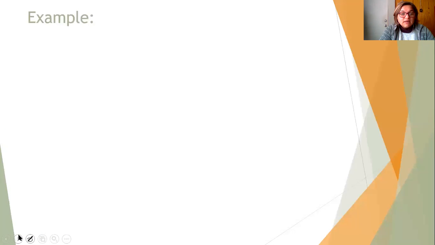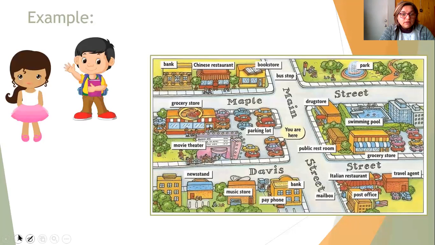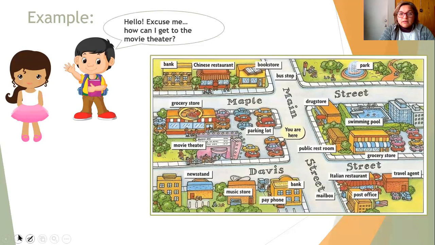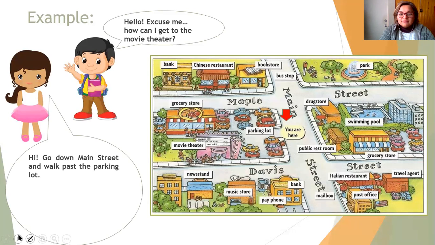We continued the class and then you told me, how can I get to different places? For example, hello, excuse me, how can I get to the movie theater? And the girl said, hi, go down Main Street. Walk past the parking lot.